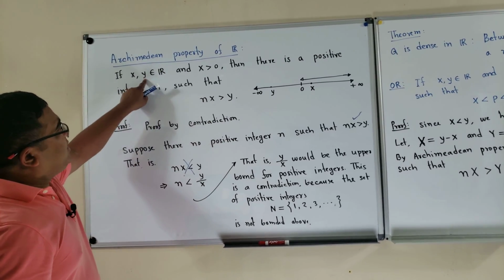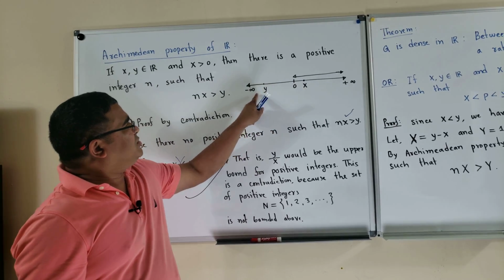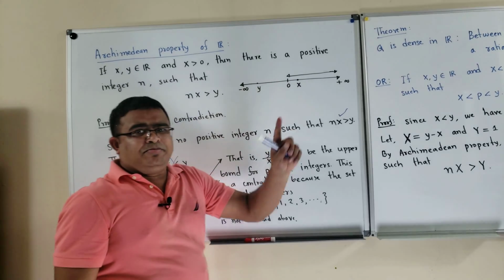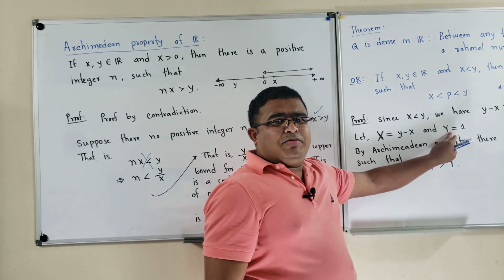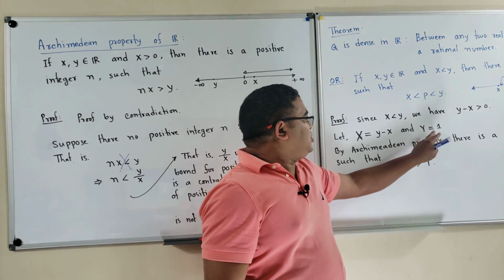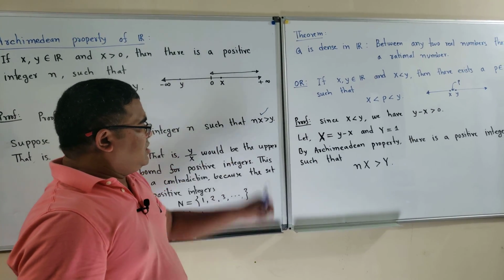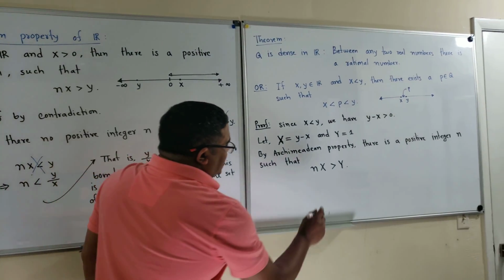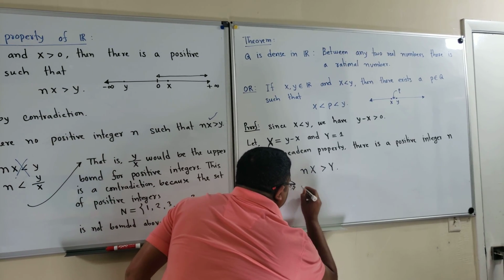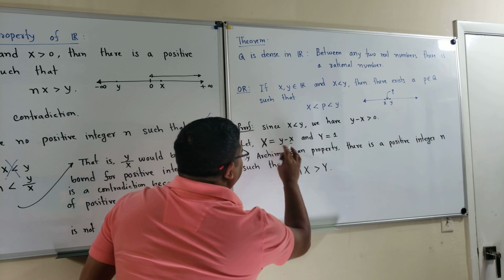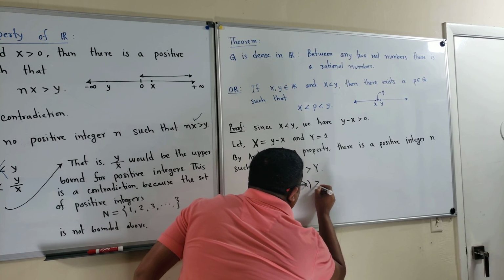Here y can be picked from anywhere on the real number line. I pick y equals 1. This is a particular number, because we can pick y from anywhere on the number line. So if nx is more than y, then n, what is x? X is y minus x, more than 1.